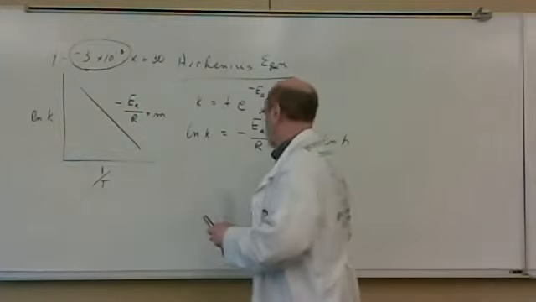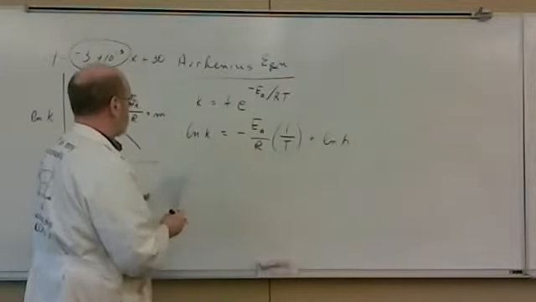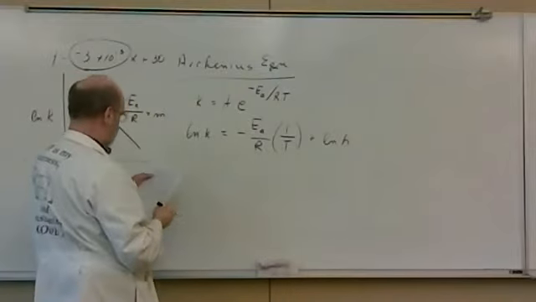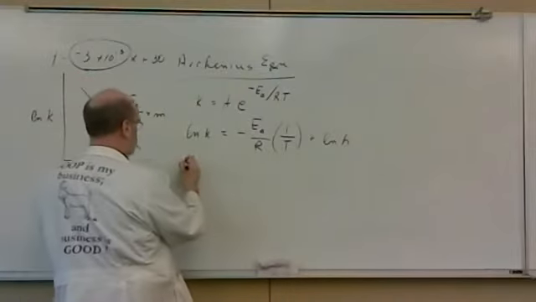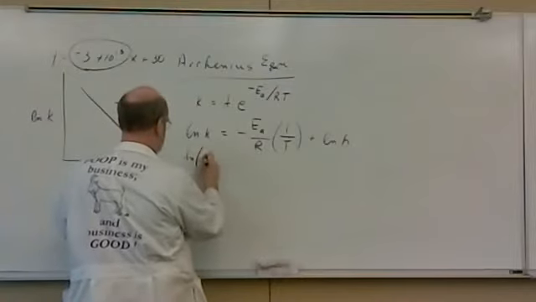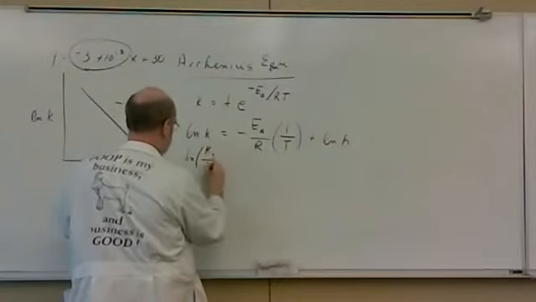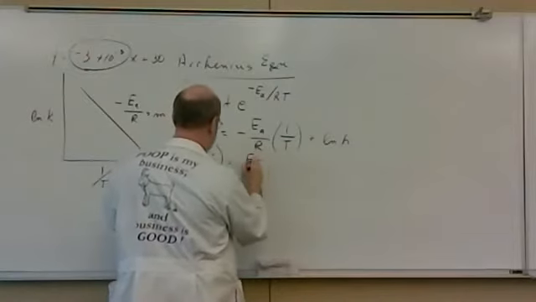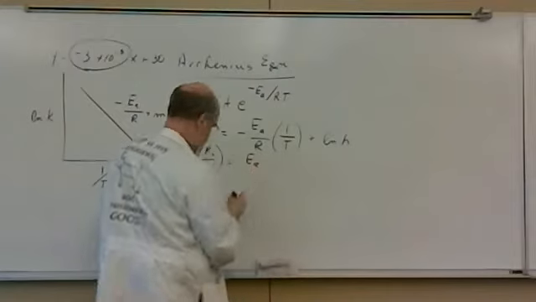And the modified one is going to be log of K2 over K1 equals E sub A. I think that's right.